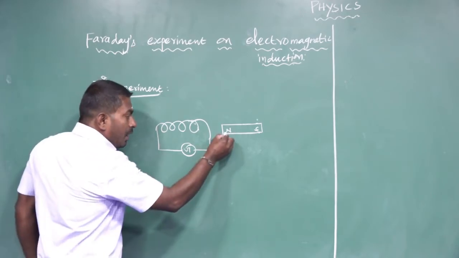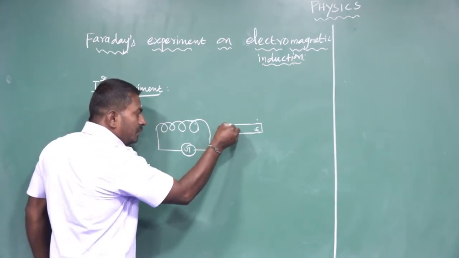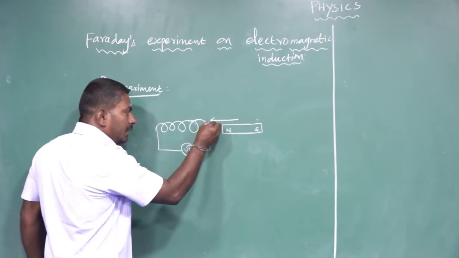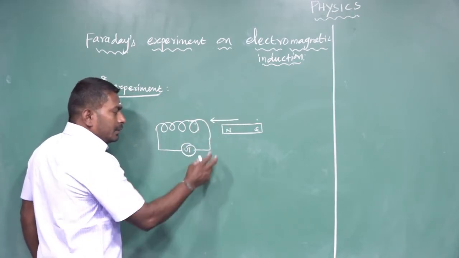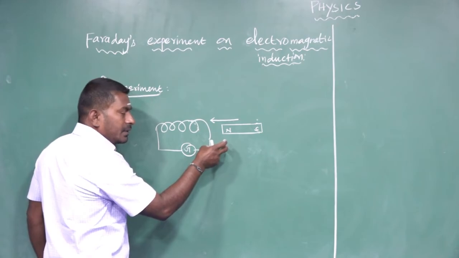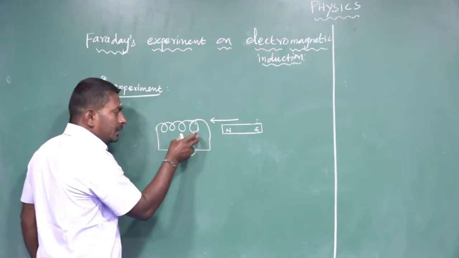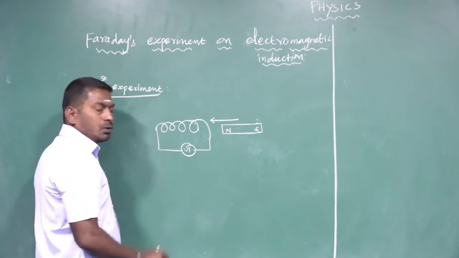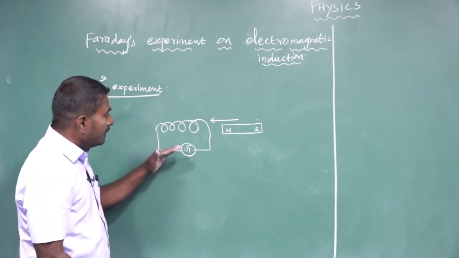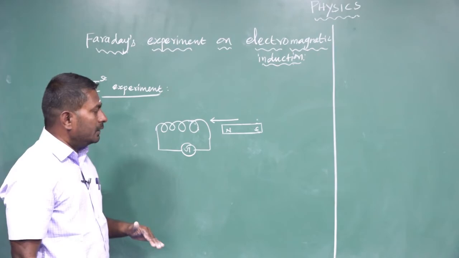Then, when the north pole of the bar magnet is moving towards a coil, there is relative motion. Due to the relative motion between the bar magnet and the coil, the galvanometer shows a momentary deflection. That's why electric current is set up in the coil.